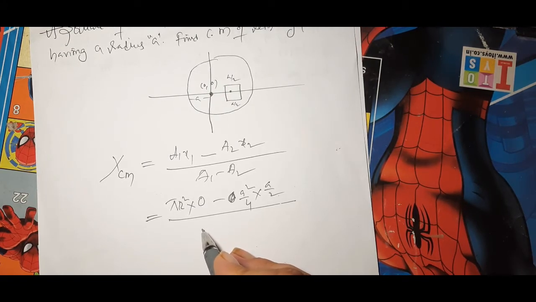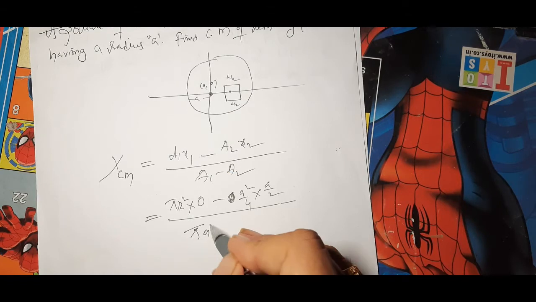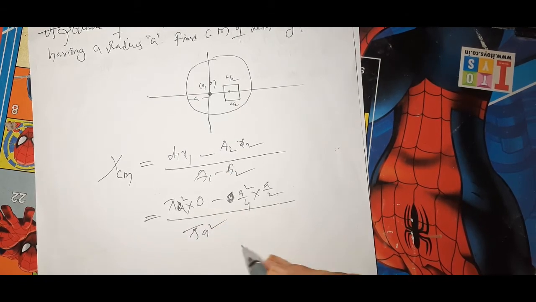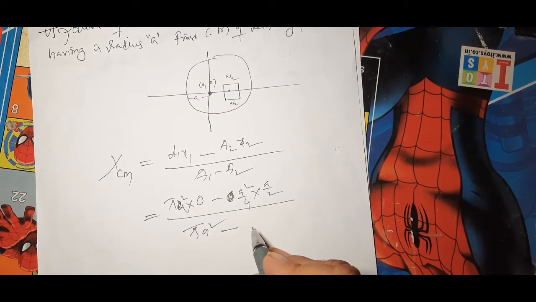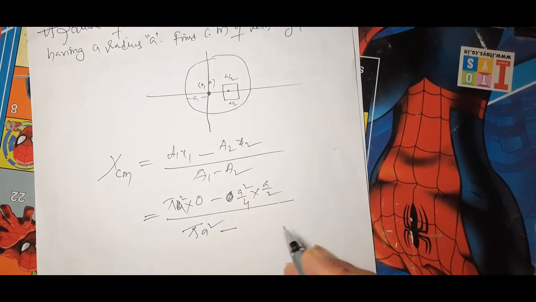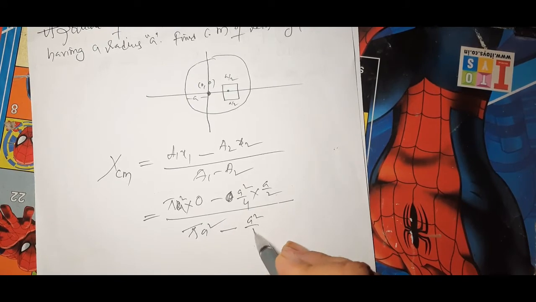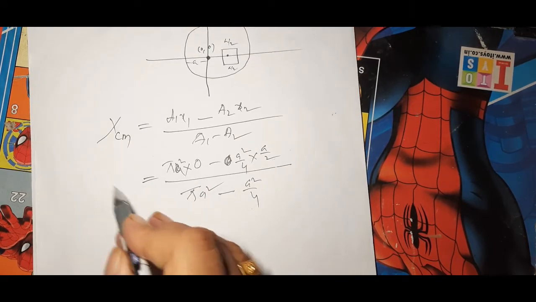What is the radius here? Radius of the disc is A, so pi A square, minus A2, area of the square, that is A square by 4.